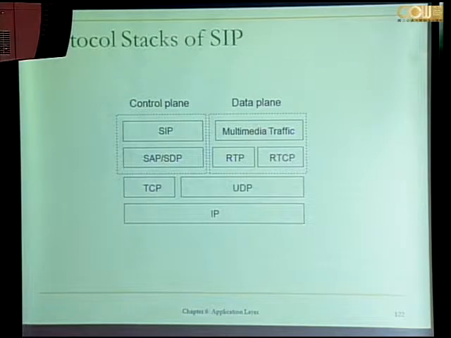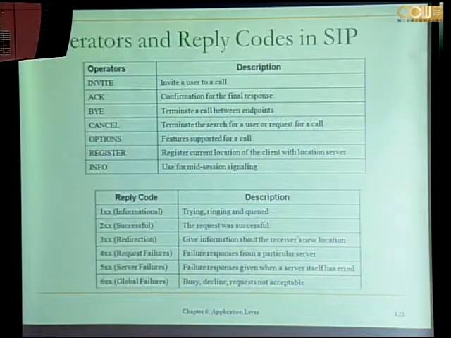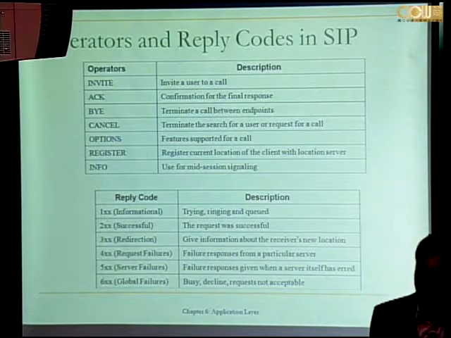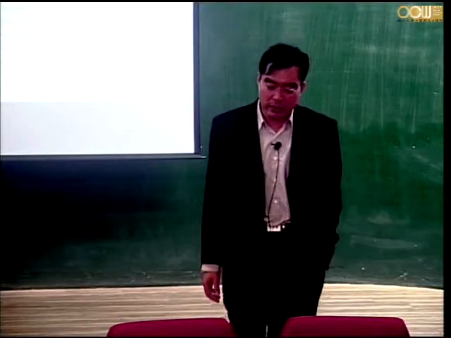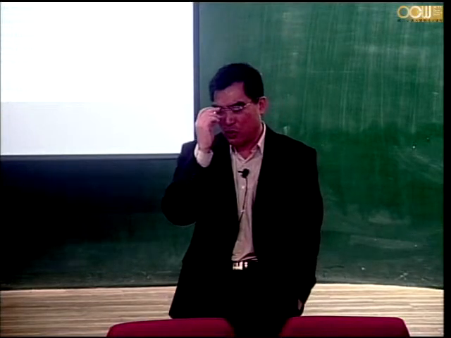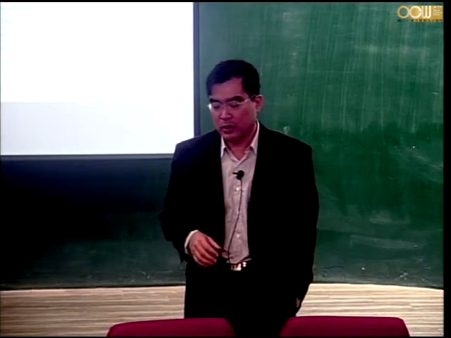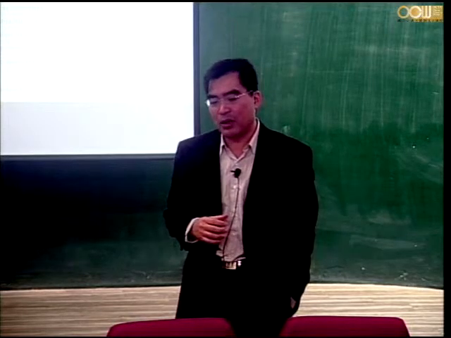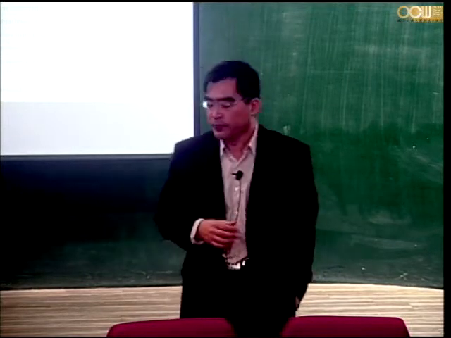Okay, so then you would ask why we could simplify. These are the possible requests and responses of SIP. So you would ask why we would have much more complicated protocols in H.323, but now much simplified in SIP.